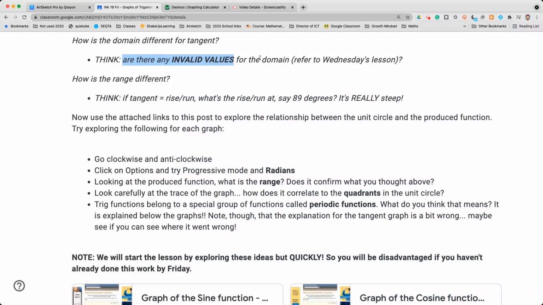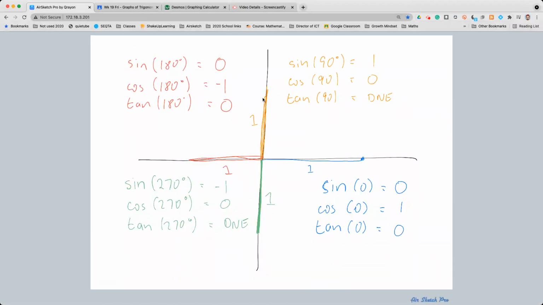If you remember from our work, I know you can't see it yet, I'm just priming. Tan worked everywhere except here and here, etc. Okay, so when there was a rise of 1 over a run of 0, that does not exist.